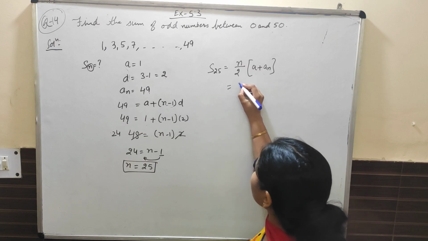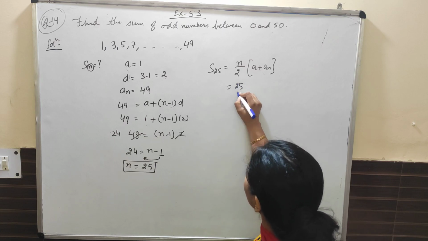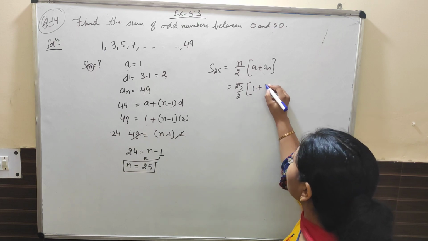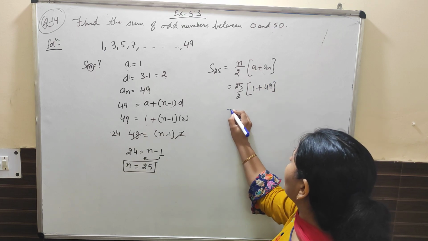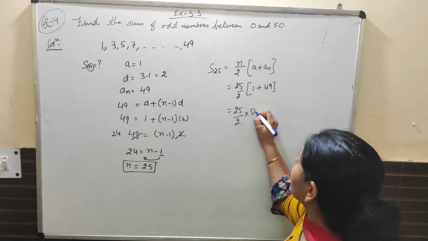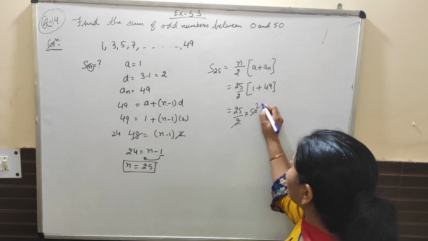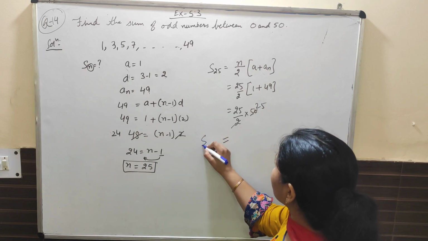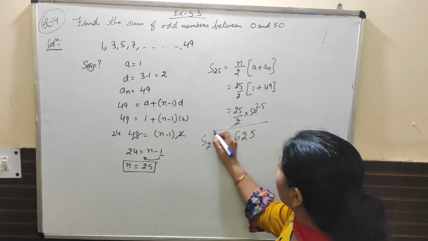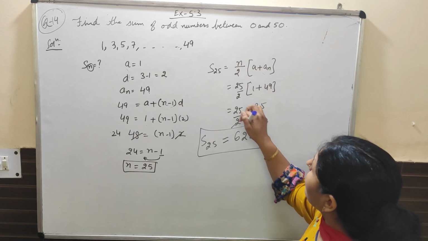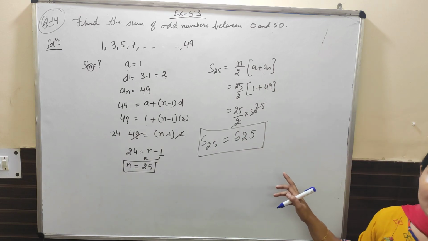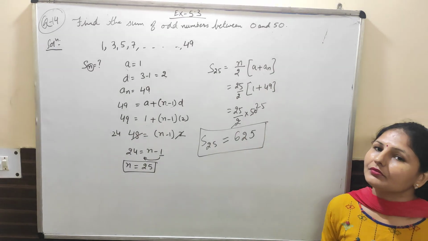So put the values. n is 25 by 2, a is 1, an is 49, which is equal to 25 by 2 into 50, then 25 into 25, and the square of 25 will be 625. So the sum of odd numbers between 0 and 50 is 625.